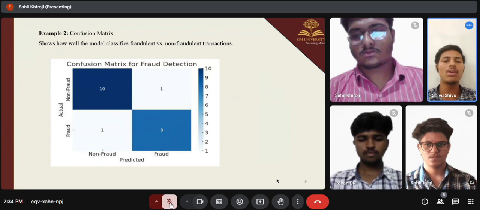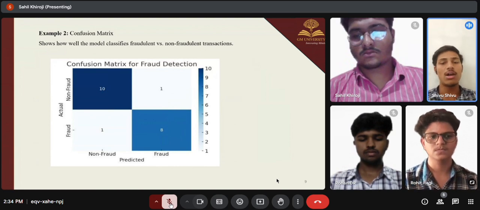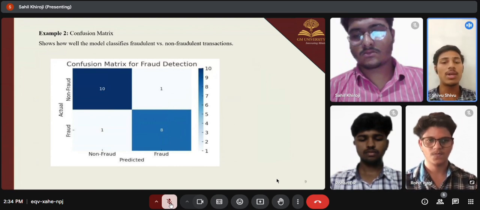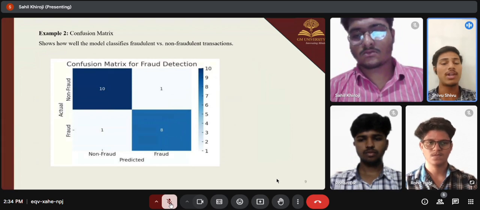In this example, the true positive is 8, fraudulent transactions correctly identified as fraud, and the true negative is 10, legitimate transactions correctly identified as non-fraud. The false positive is 1, a non-fraudulent transaction wrongly flagged as fraud, and the false negative is 1, a fraudulent transaction missed and classified as non-fraud.